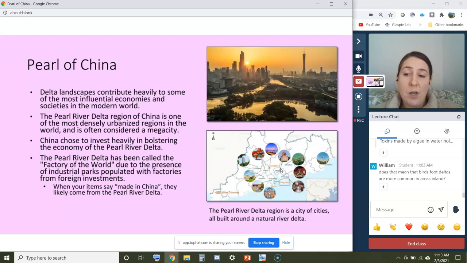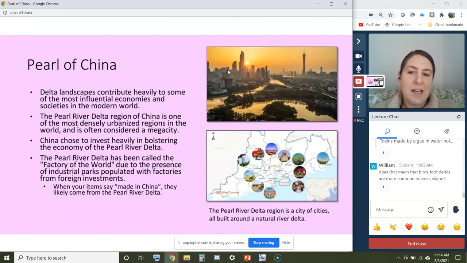Not too long ago, China chose to invest heavily in bolstering the economy of the Pearl River Delta, which used to be farmland. Most of the money that they have spent in improving their economy has gone into this area. They early on decided that this was what they wanted to spend their money on, and they wanted to make it into a highly industrialized area. So this is what the delta looks like now, whereas in the past it would have been mostly rice paddies.